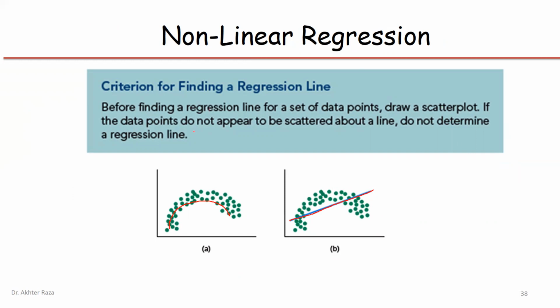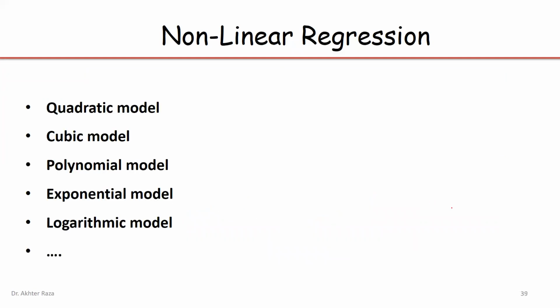One thing is very important: by scatter plot, we have to analyze whether the relationship is linear or non-linear. If we have a linear relationship, then the linear regression model can be used. If we have a non-linear relationship, then do not fit a linear model on that.